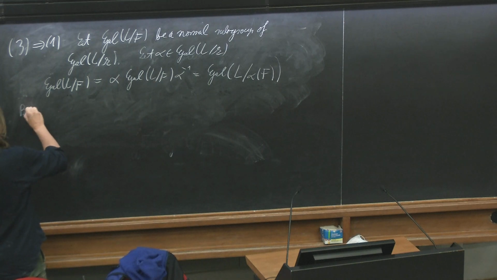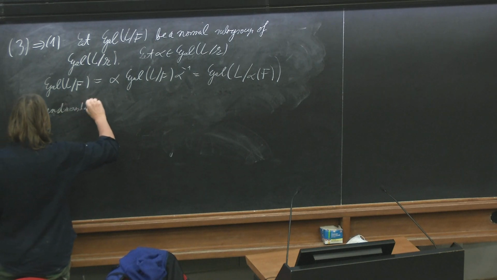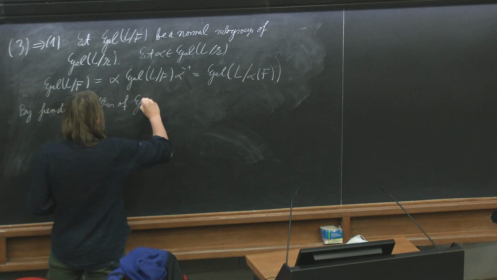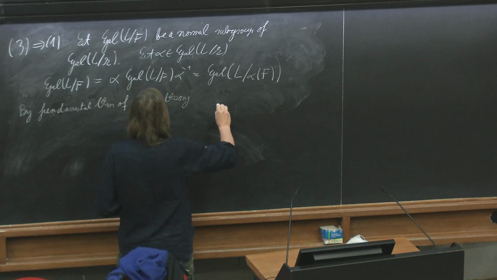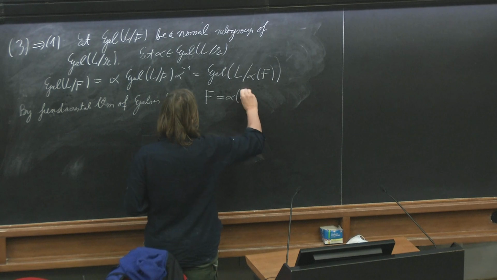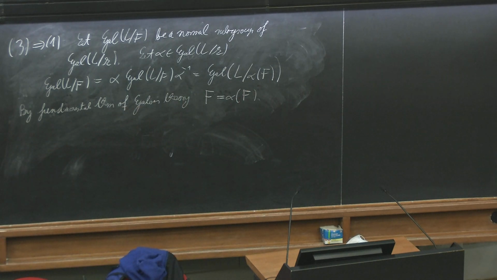So by the fundamental theorem of Galois theory, we have that F equals alpha of F. So we have managed to go back to 2. And now we have to do the last bit.